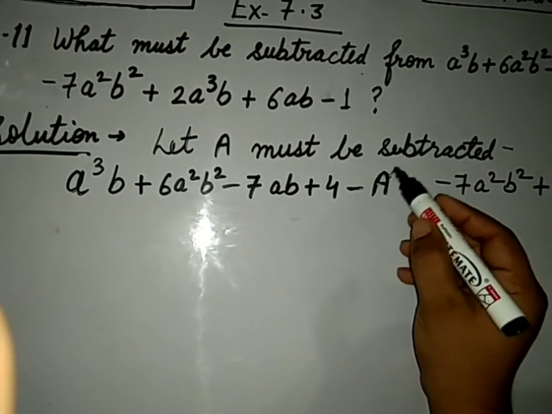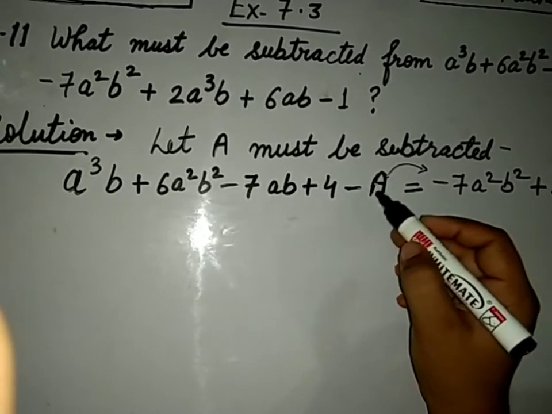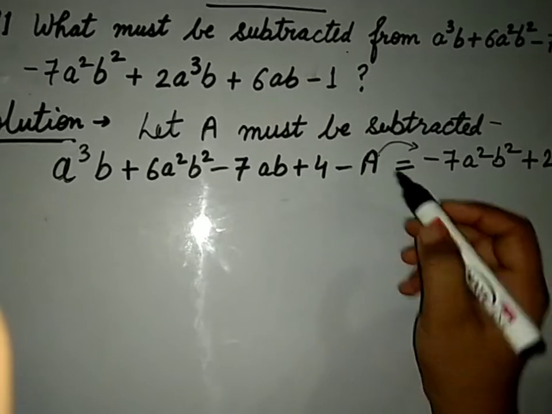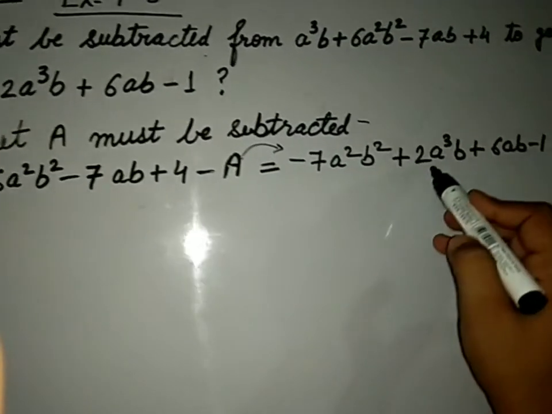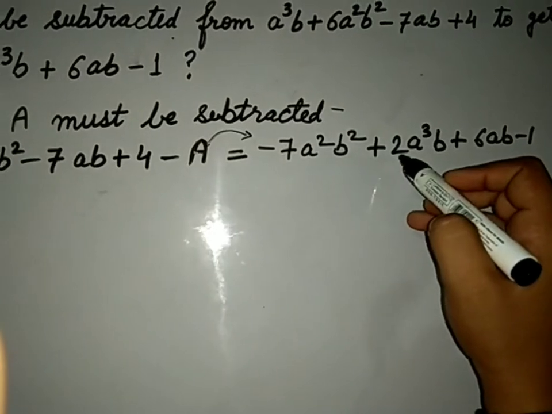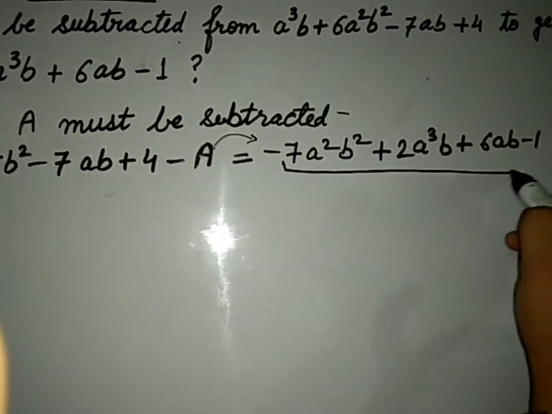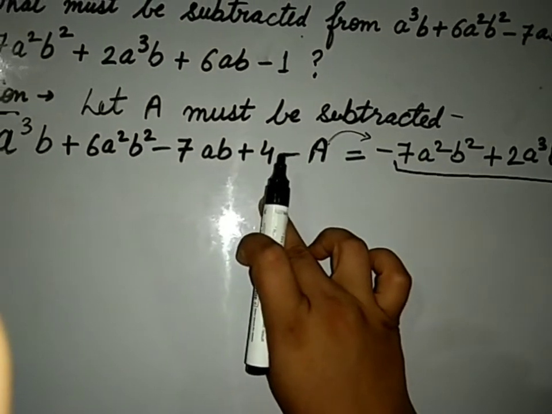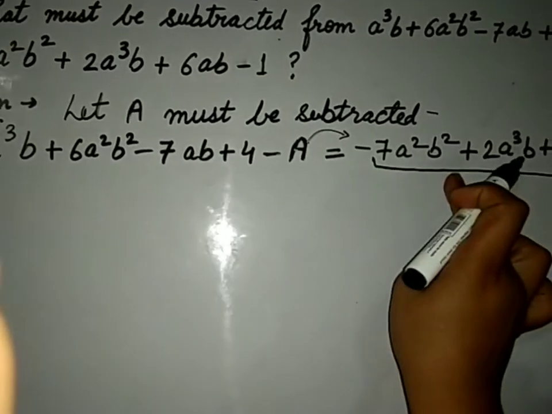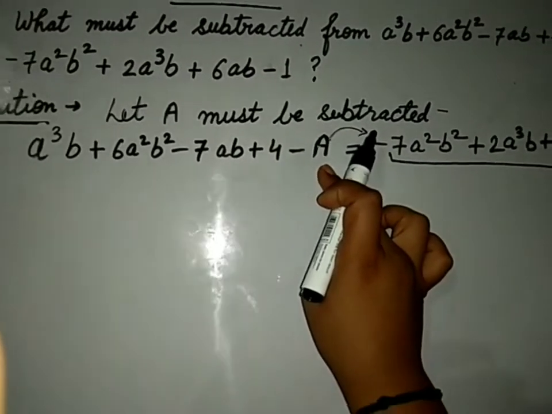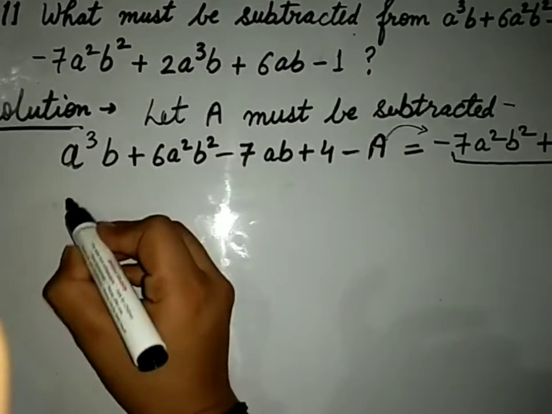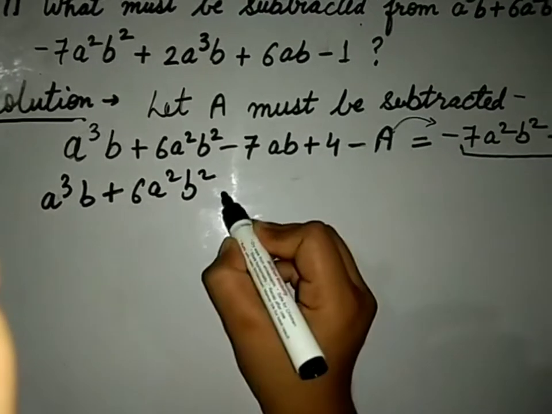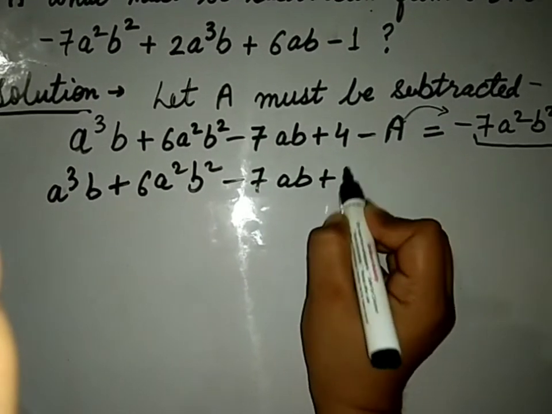So you can move this A to the right side, then it turns into positive A. And the algebraic expression on the right side, please move all the terms to the left side, because we have to solve both the expressions to get the value of A. So now this expression remains same, which is a cube b plus 6a square b square minus 7ab plus 4.